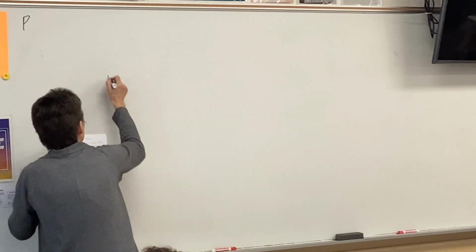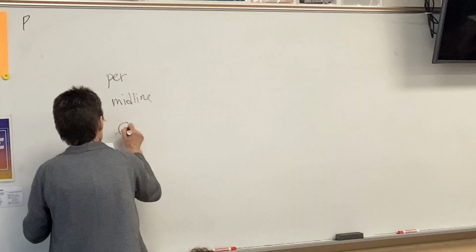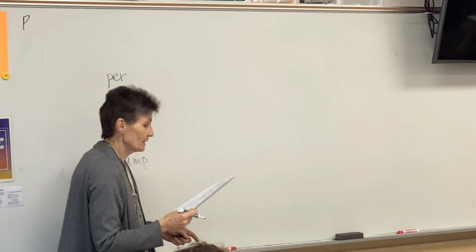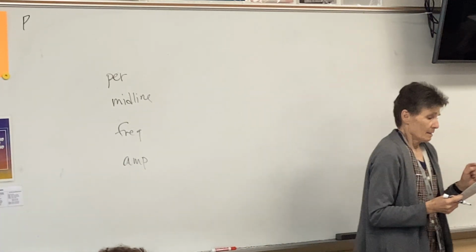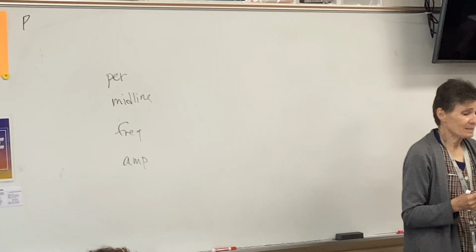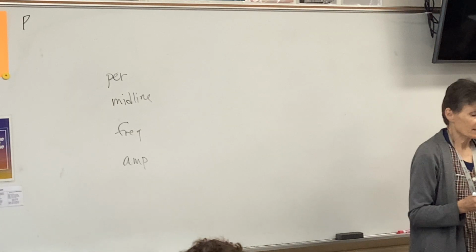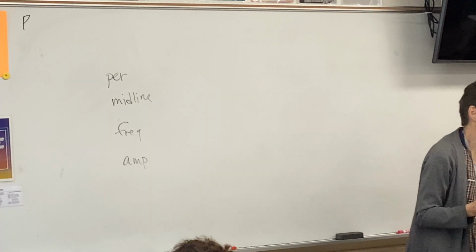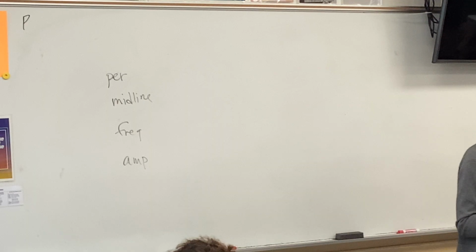So we need to find the period, the midline, the frequency, and the amplitude. All right, so let's look carefully at the picture. Can you see in the picture that the first low point is at negative pi?